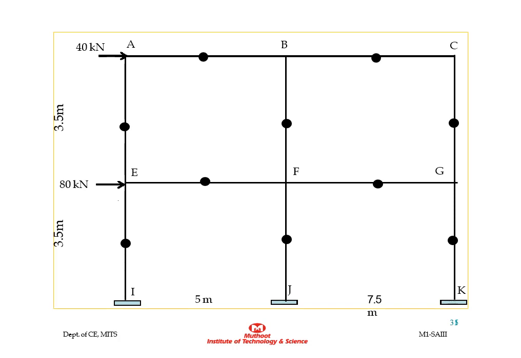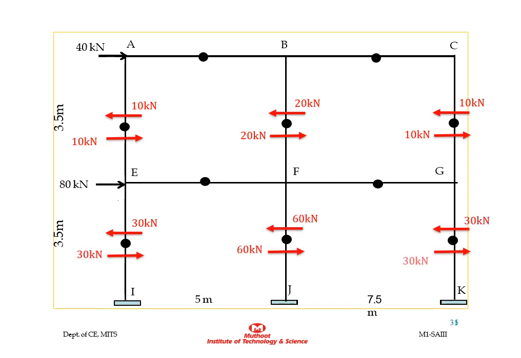For the top floor, the horizontal shear for the exterior column is 10 kilonewton and the interior column is 20 kilonewton. For the bottom story or ground floor, the horizontal shear for the exterior column is 30 kilonewton and for the interior column is 60 kilonewton.